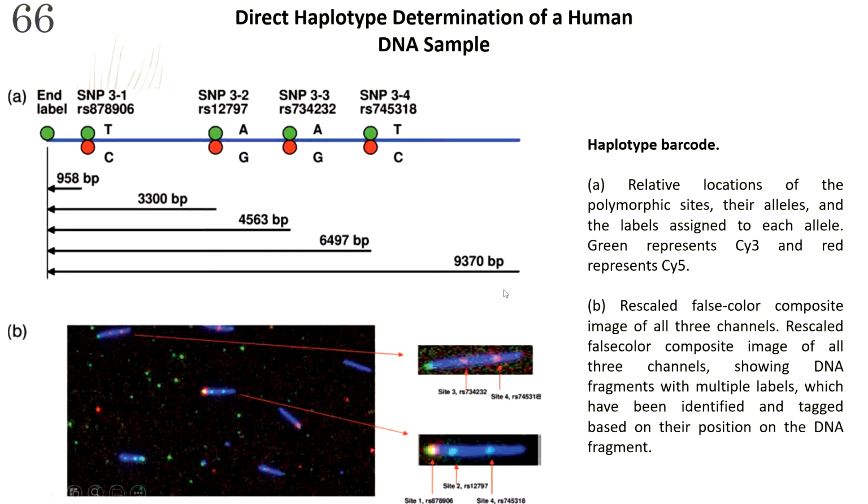Because if this fragment is not fully stretched, what will happen? You find all the haplotypes together. Why? Because it is a coiled structure. Once I have a coiled structure, these are going to come very close together, even though they are separated by, let's say, 100 base pairs.